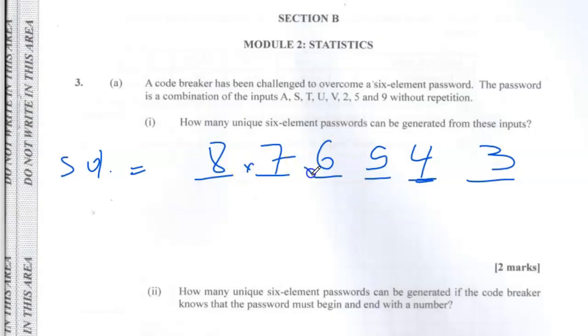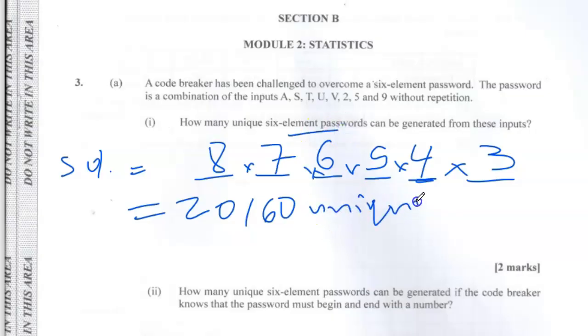So if I multiply these values, 8 times 7 times 6 times 5 times 4 times 3, I'll end up with 20,160 different unique passwords. That's our solution.